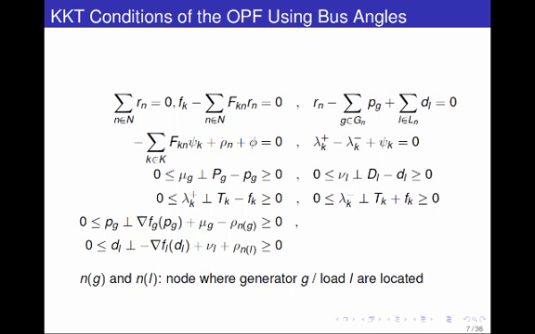So if you remember the analysis we did last time, you can play around with these KKT conditions and show that if a generator is producing strictly above zero and below its maximum, you know that the following equality holds: the marginal cost of that generator at that bus is rho for that bus.